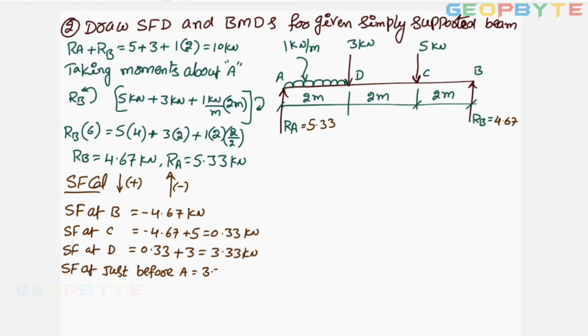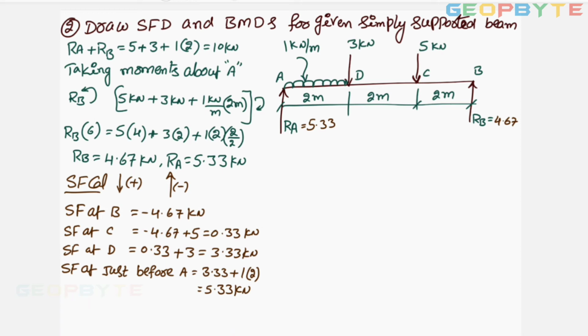Already 3.33 kilonewtons load is there, plus UDL multiplied by UDL distance gives the point load, 1 into 2, so it is 5.33 kilonewtons. Then shear force at exactly A.